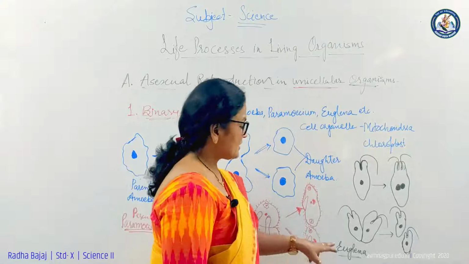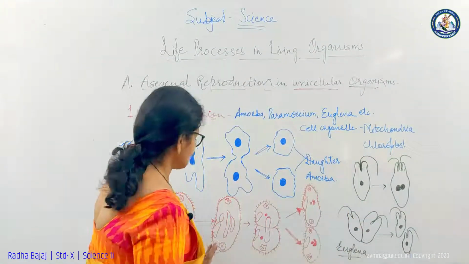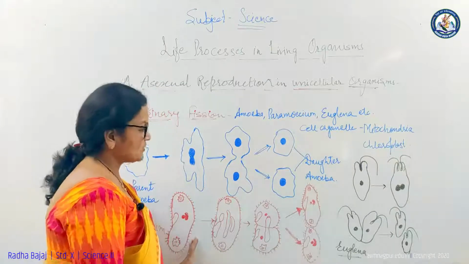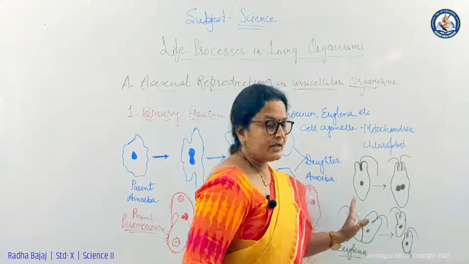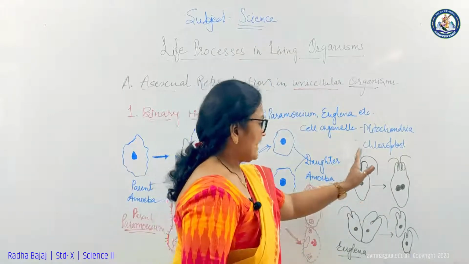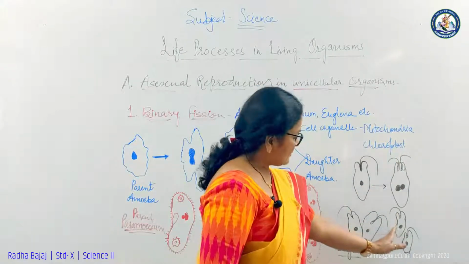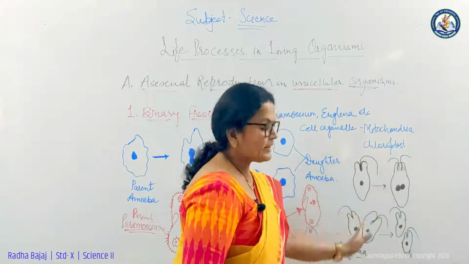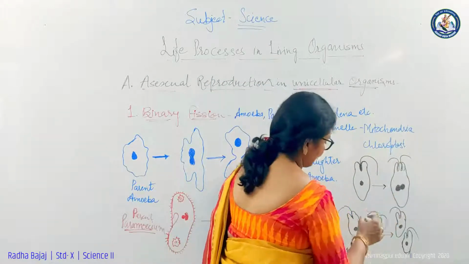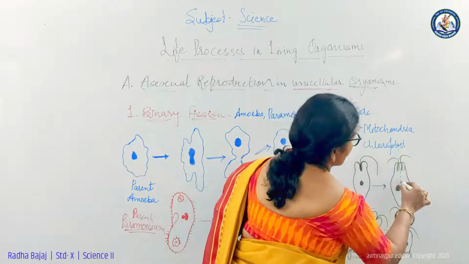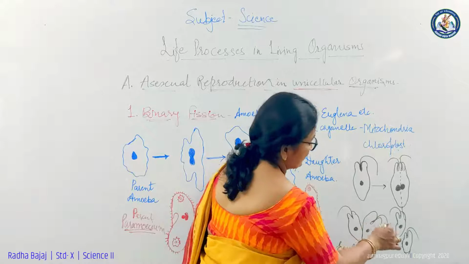The third example we see is euglena. Here we get longitudinal binary fission. In paramecium it is transverse, and in euglena we get longitudinal fission. The axis divides euglena into two daughter euglena in a longitudinal way. मतलब यहाँ से this nucleus gets elongated and the longitudinal axis passes like this, and we get two daughter euglena.